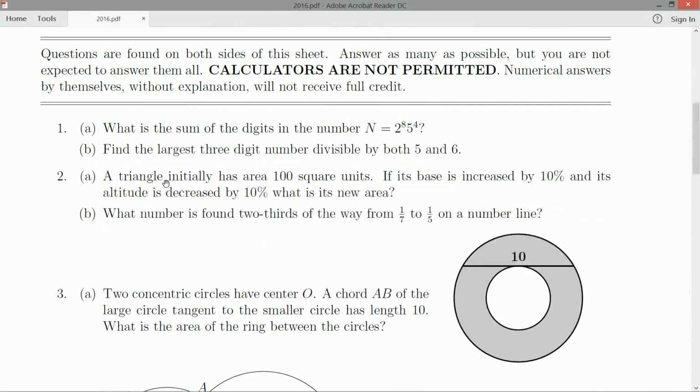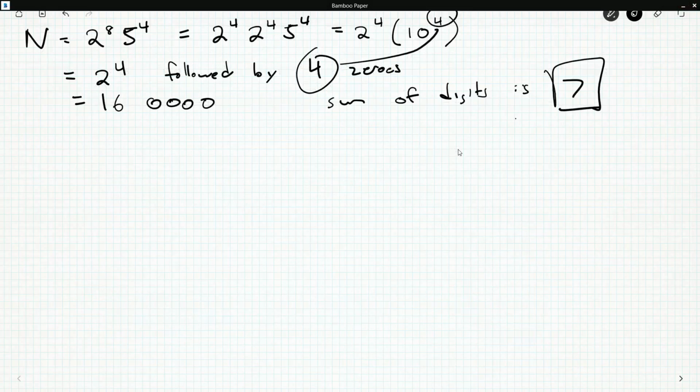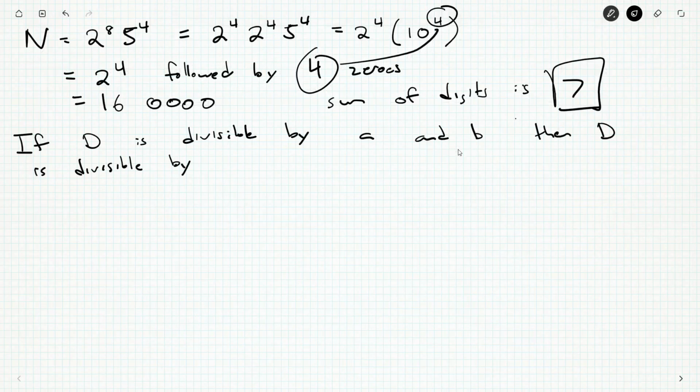B part. Find the largest 3-digit number divisible by both 5 and 6. Okay. So, if D is divisible by A and B, this is a nice little math fact that we're bringing out, then D is divisible by the lowest common multiple of A and B. Okay?